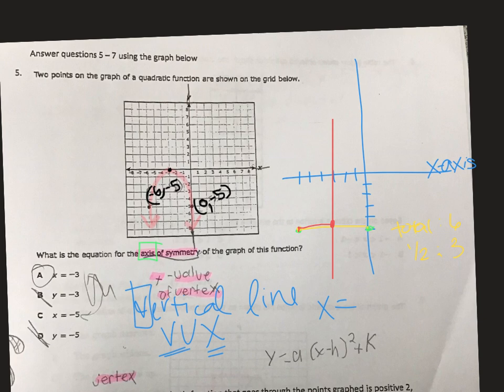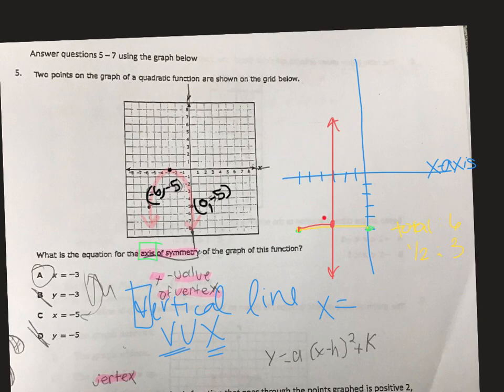If I try to draw a vertical line of symmetry, it's going to go, remember it passed through that point right there. We got that point because, remember the yellow? The total distance was 6. So we said it must be half of that because it's got a symmetry about it.